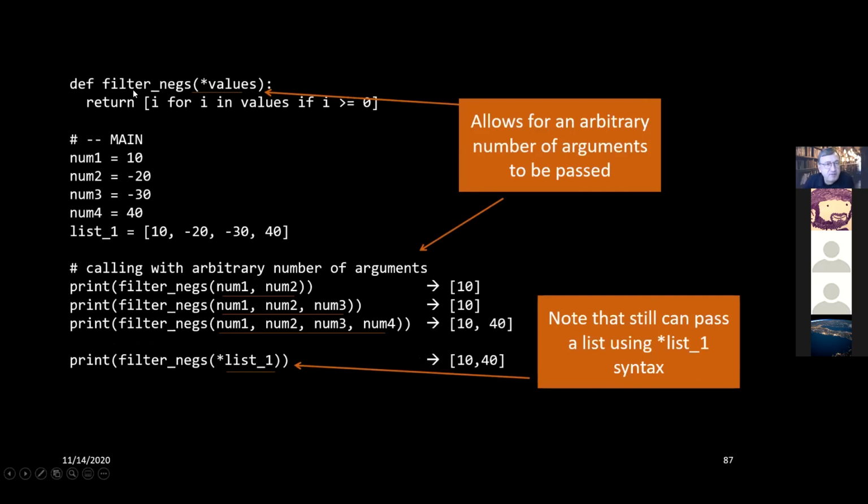This is an example of a function where I want to filter out the negative numbers like we had before. I want to give it a list and have it return to me the list with all the negatives removed. So here's the list comprehension approach. For each i in the list of values, return i in the resulting list if i is greater than or equal to 0.